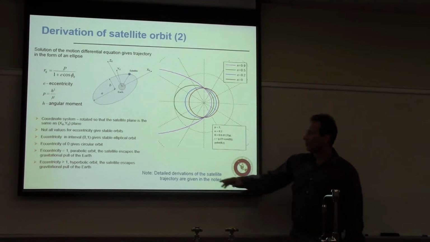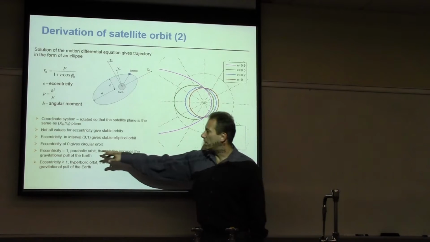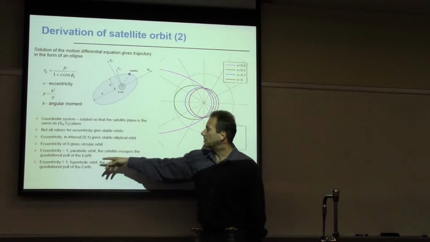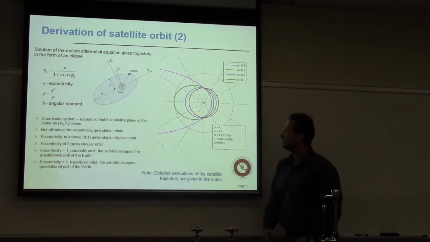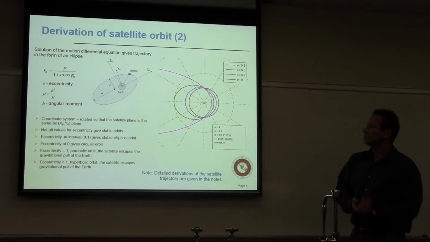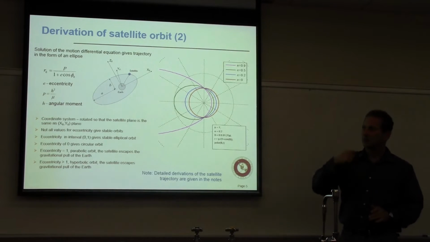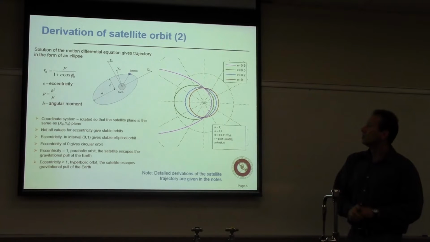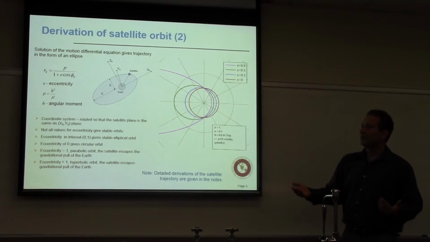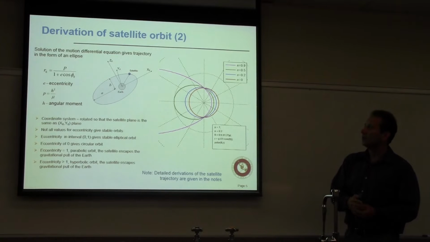For e equal to 1, this is a parabola, and for e greater than 1, this is a hyperbola, but regardless of which one of those, this is not a stable orbit. The satellite does not revolve around the Earth. So we have essentially two kinds of stable orbits: circular orbits with eccentricity equal to 0, and elliptical orbits where e is between 0 and 1.